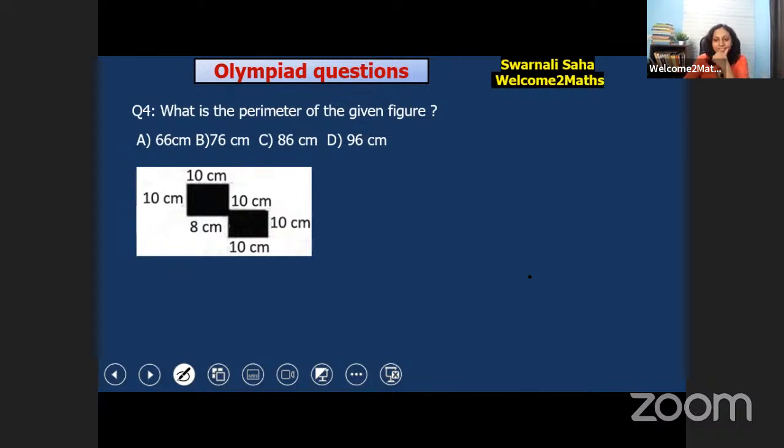Anyone? Which should be the right one? Can anyone understand? Chalo, let me show you. Here is the question, you can see carefully, okay? Listen carefully and watch carefully.